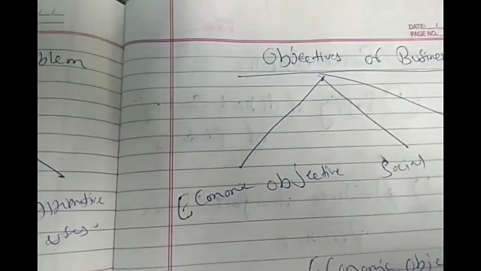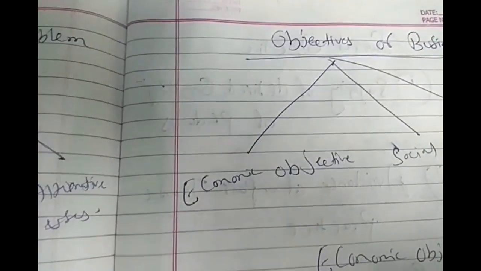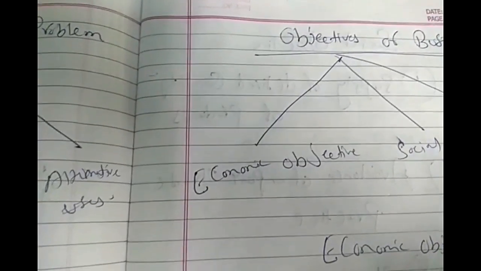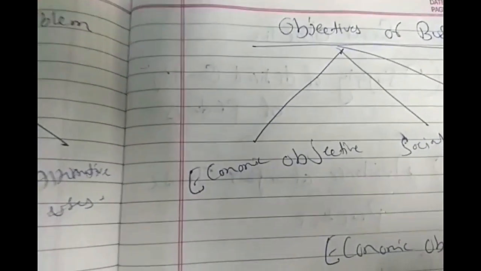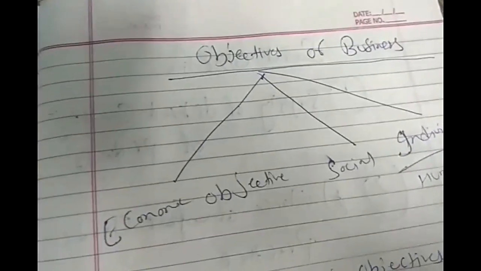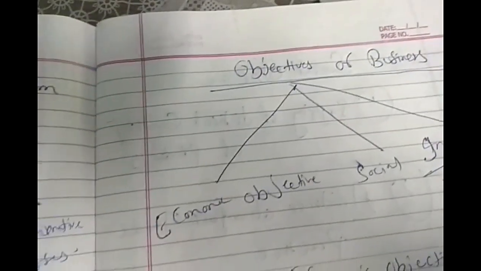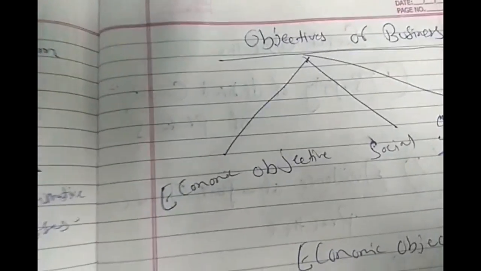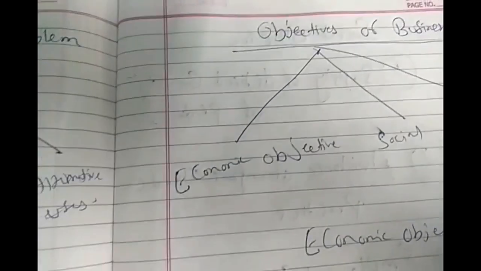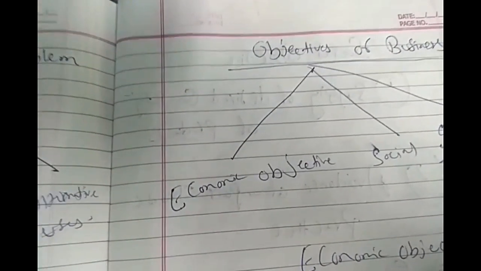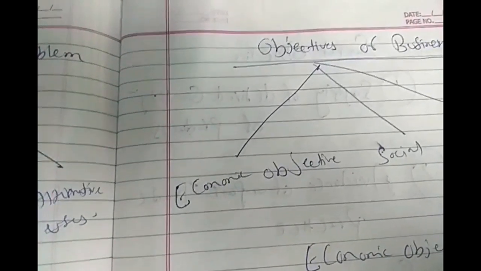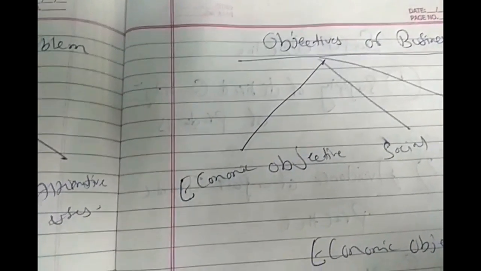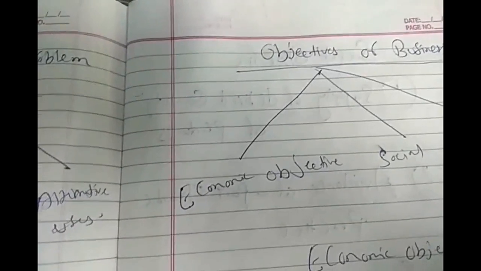Wants also, desires also. Businessmen also, and we also have some objective for performing any activity. The same applies to business. Businessmen have an objective, and their primary and main objective is to earn more and more profit in this competitive market.